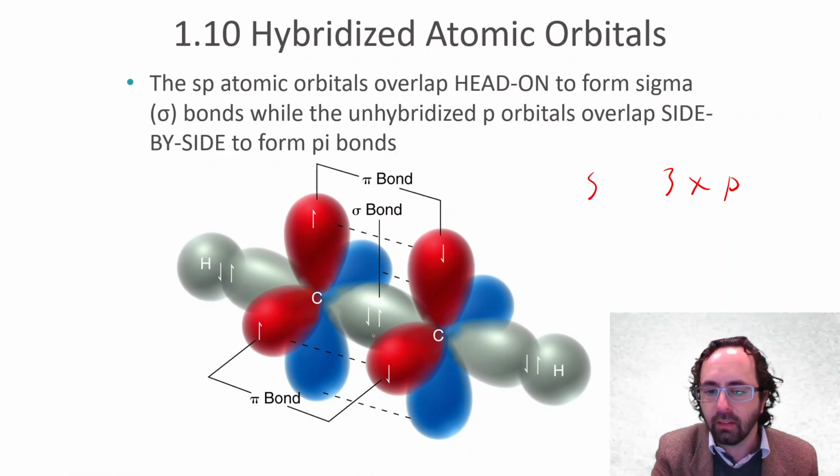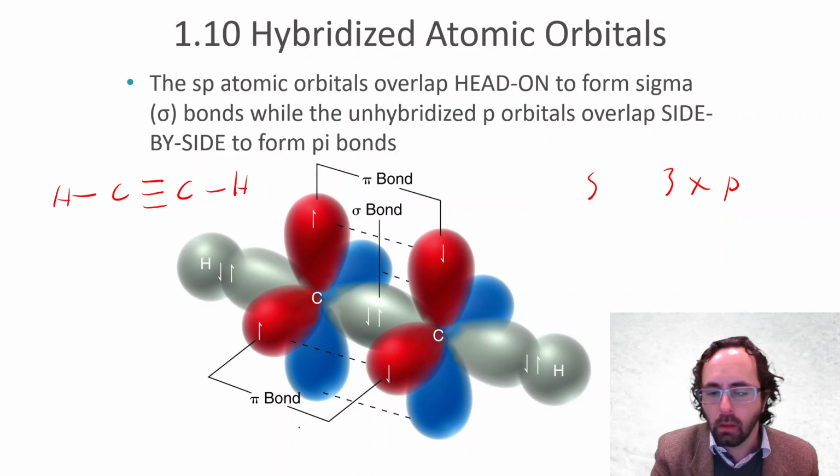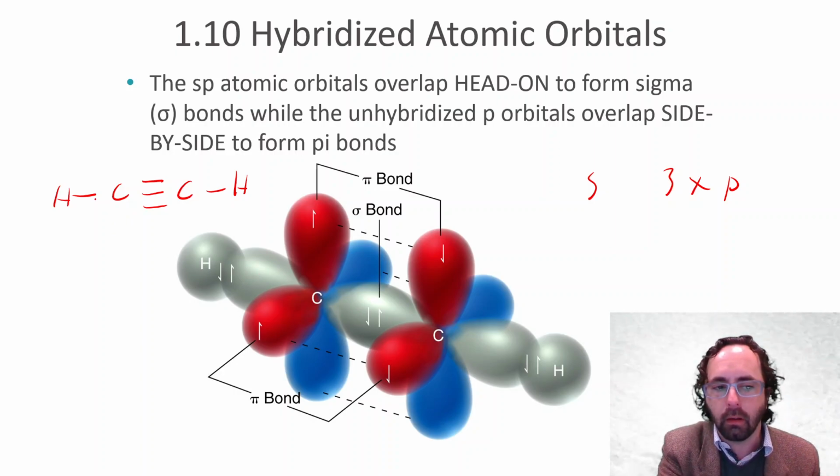So in the case of this molecule here, which happens to be ethine, each carbon is sp hybridized, and we can tell because it has 2 sigma bonds here, a bond going to the hydrogen and a bond going to the other carbon with direct overlap, and so it needs 2 orbitals. These would be sp hybridized.